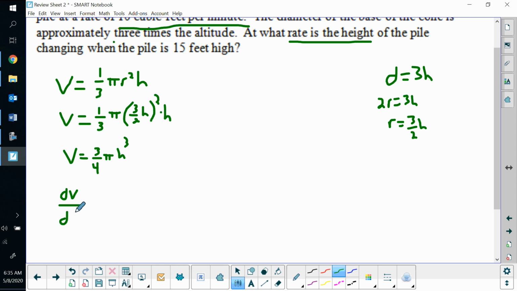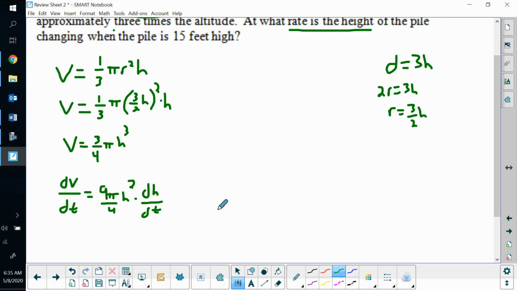So we've got dV over dt. 3 times the coefficient out front will just give us 9 pi over 4 h squared times dh over dt. And the thing we wanted to find was the rate that the height was changing.